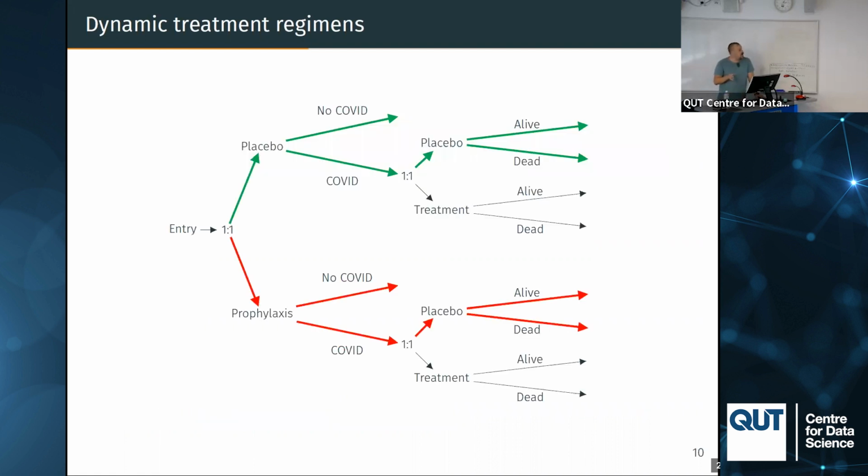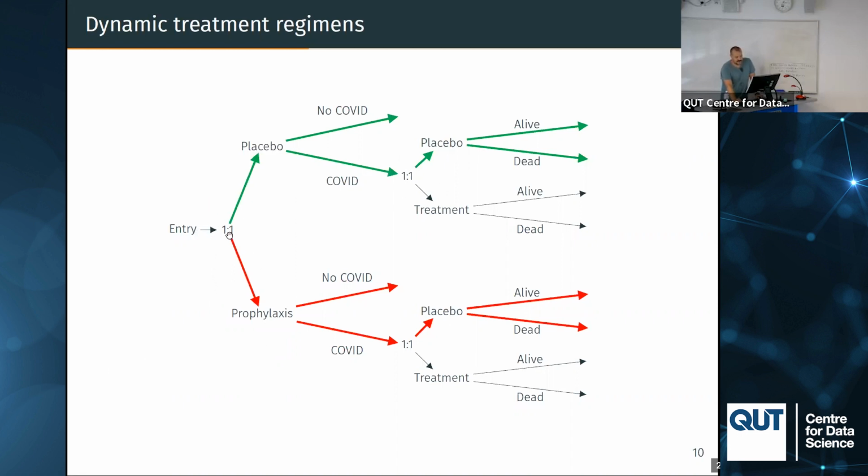So here we can see the colours, green and red, represent two competing dynamic treatment regimens, two possible dynamic treatment regimens. They're known as embedded dynamic treatment regimens, where the algorithm is saying, in the green case, give placebo, and then if they get COVID, give placebo again.